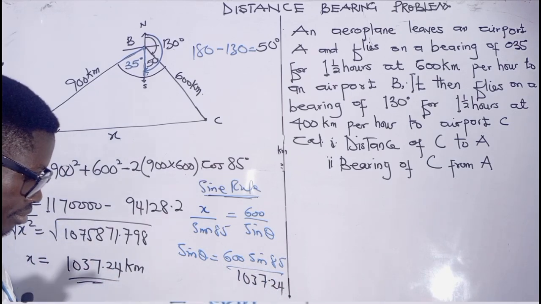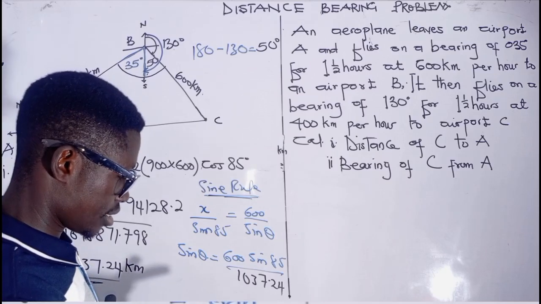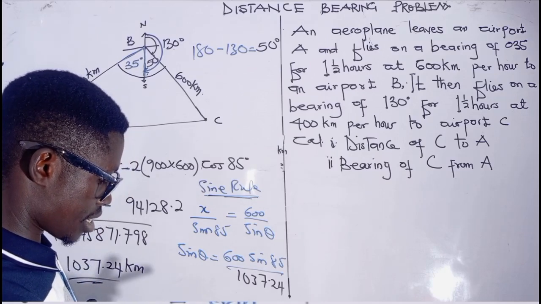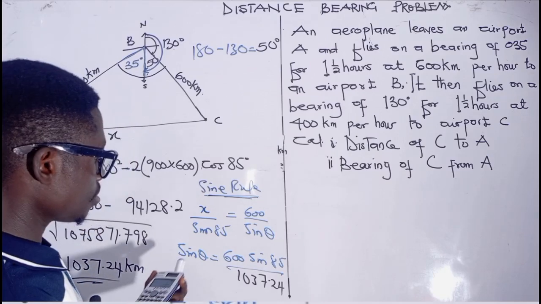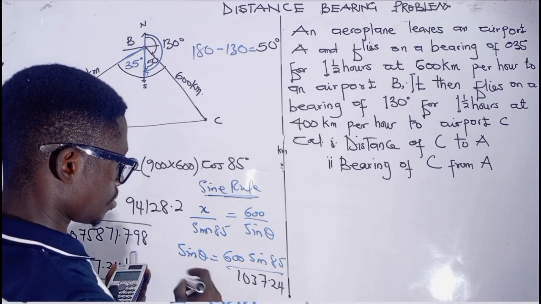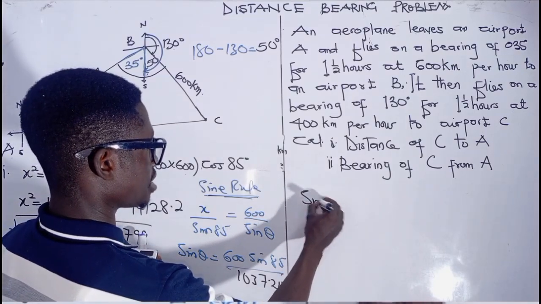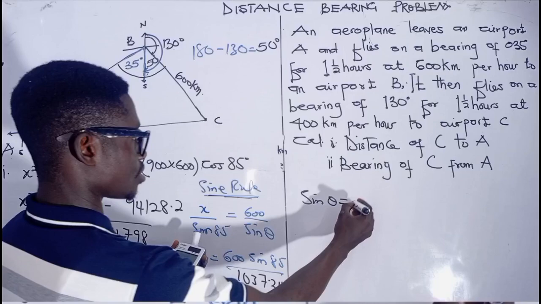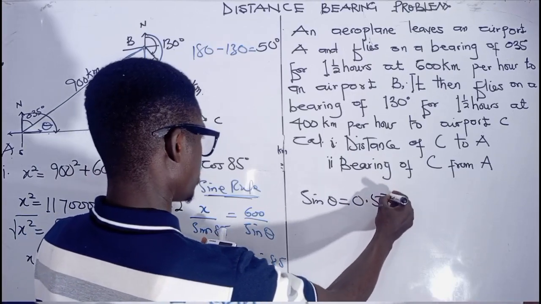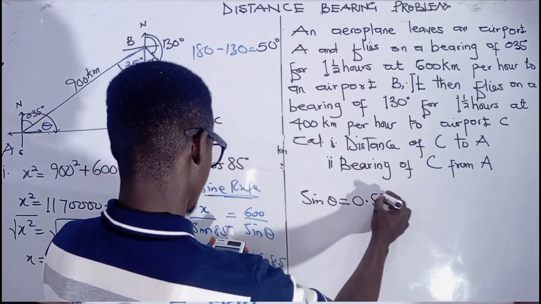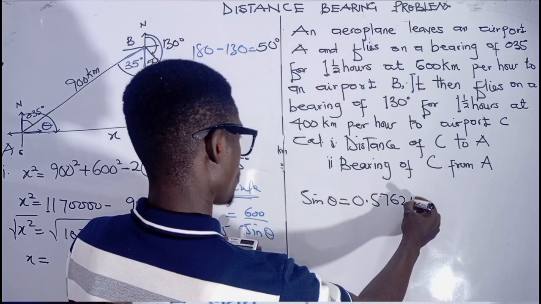So let's punch it on your calculator. We have 600 times sine 85, so we have sine theta is equal to 0.57625.